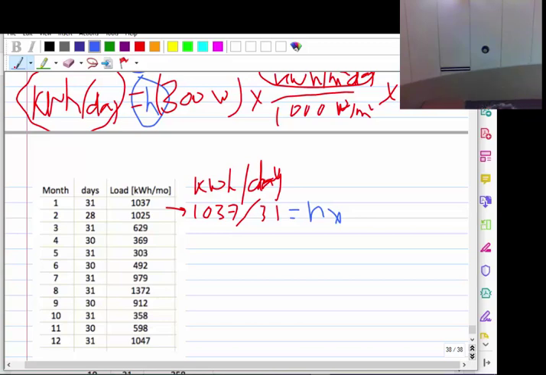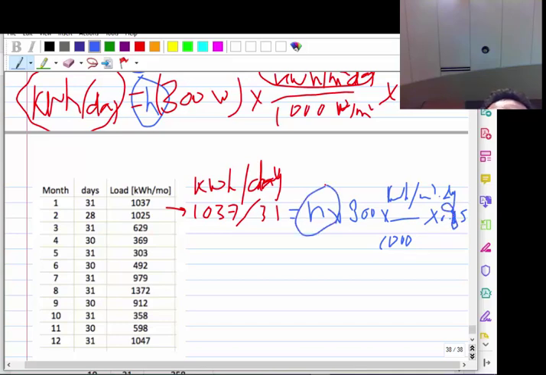So that n is multiplied by the 300 watts multiplied by the kilowatt hour per meter square per day divided over the 1000, multiplied by 0.85. And so we will find this n so that we can satisfy this number. And we do it for every single month, and you find all the n's, and the one with the largest n, that's the one that we will have to buy. Make sense?